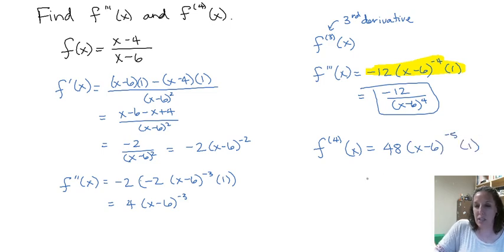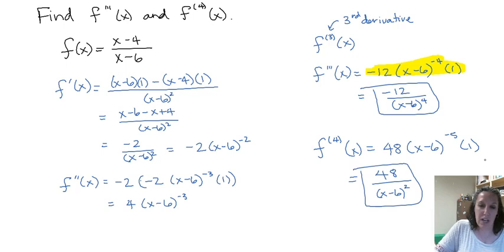And then again, technically we've got multiplied by 1 for our derivative of that inside, but of course multiplying by 1 doesn't do anything, and so we get that our fourth derivative simplifies to 48 over x minus 6 to the 5th. I don't know why that became a 2. That should be a 5.